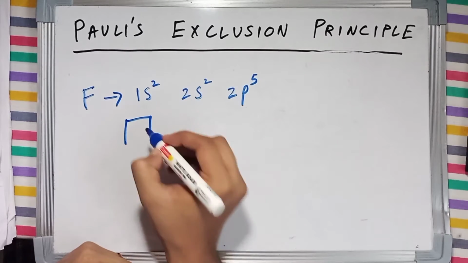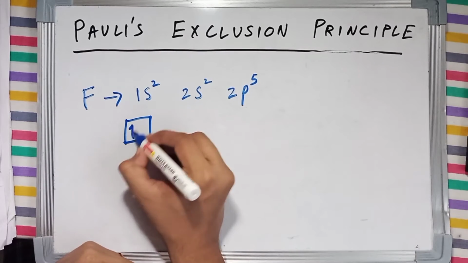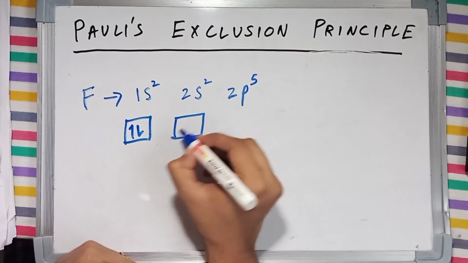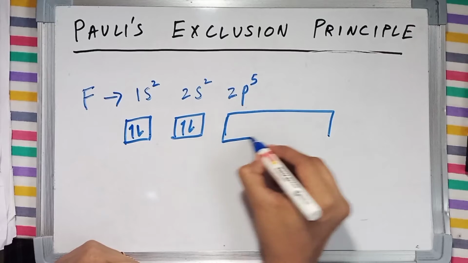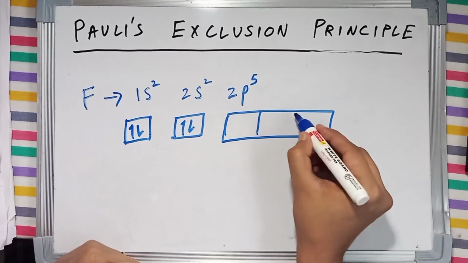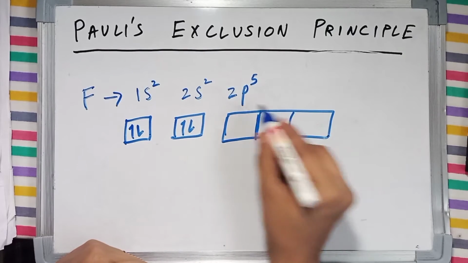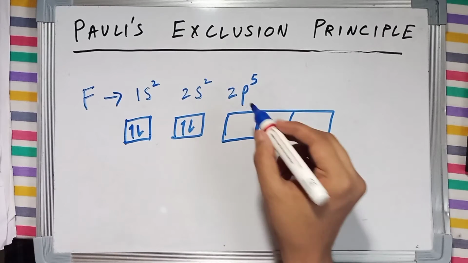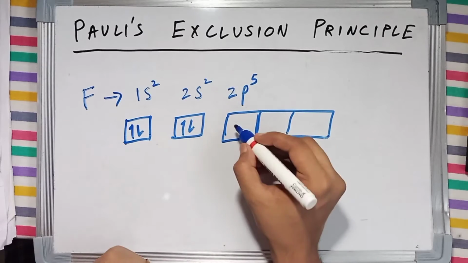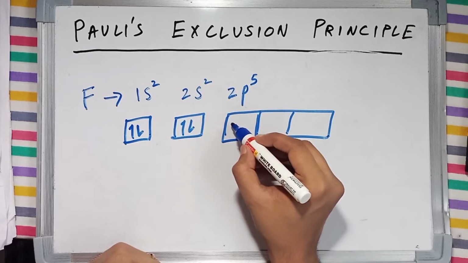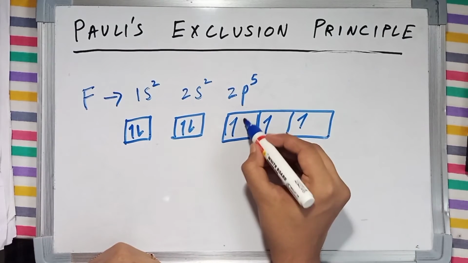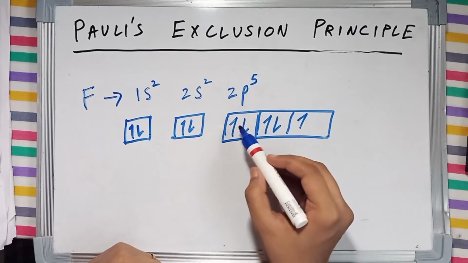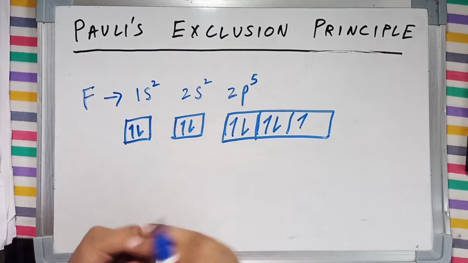It is like this. Okay, and now for 2p, the p subshell has 3 orbitals. Okay, and it has 5 electrons. Now how are we going to write it? We're going to write it like this. Okay, 5 electrons, 1 2 3 4 5.